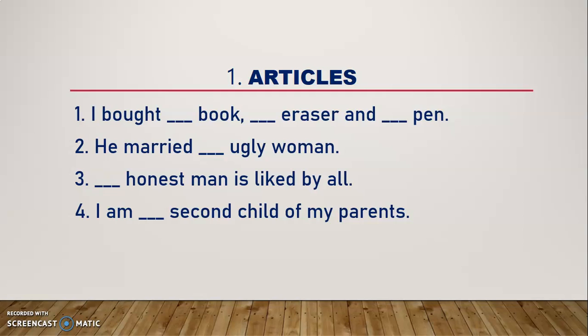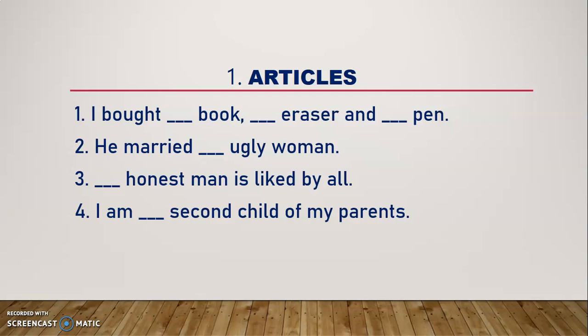First one, I bought a book, an eraser and a pen. He married an ugly woman. Here, before eraser we are using an, before ugly we are using an, because the first letter in eraser and the first letter in ugly, both of them are vowels.